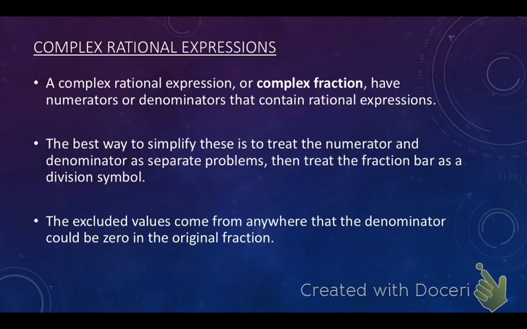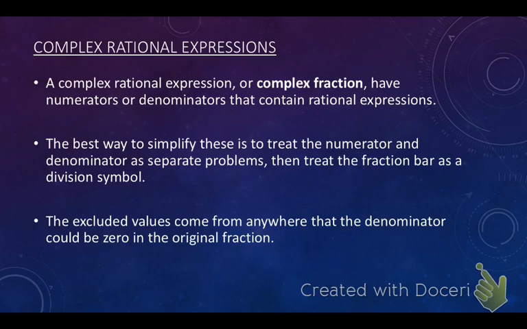Now, whenever we have complex rational expressions or a complex fraction, basically you have a numerator and a denominator on top, and then you have the same thing on bottom. It looks like one really big fraction, okay, that's just dividing. It's complex because you're going to have to add and subtract, and then you're going to basically have to divide. That you can either turn into a multiplication problem or not.